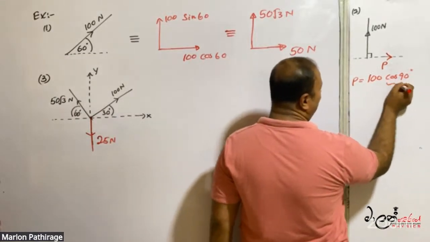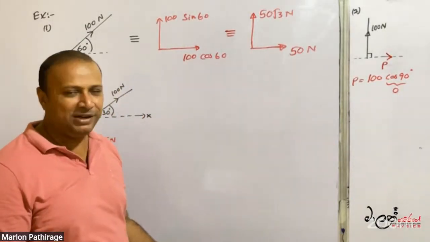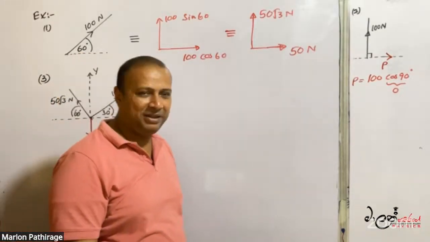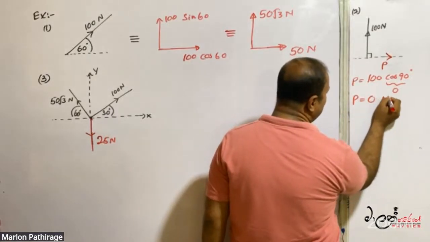You know cos 90 is 0. Therefore, definitely there should not be any resolved component in that direction. The resolved component should be 0.